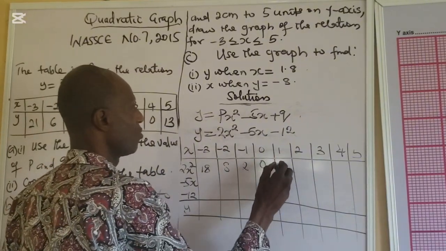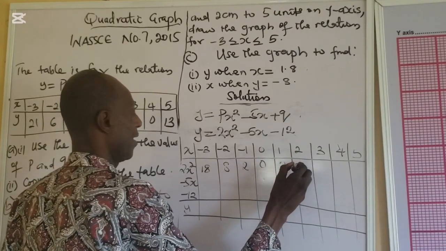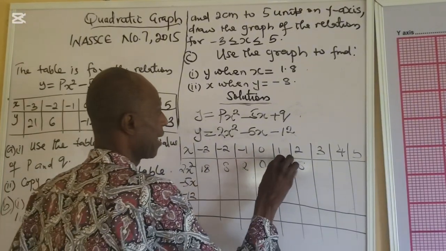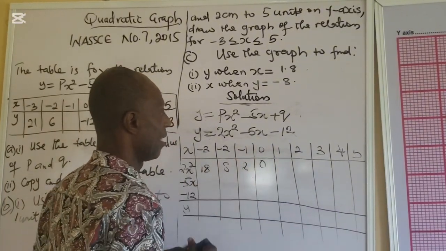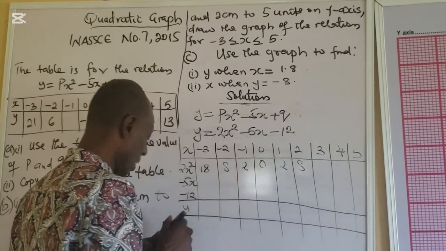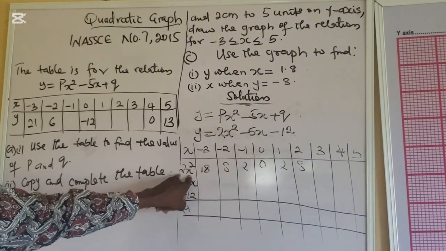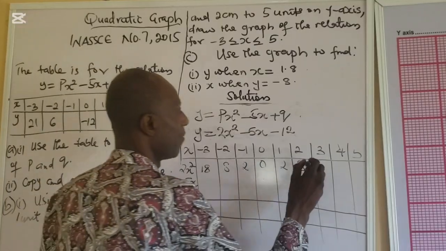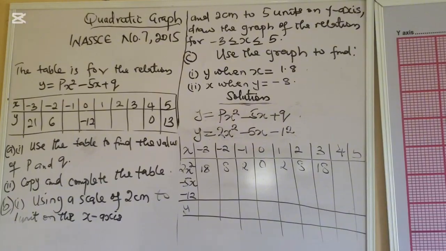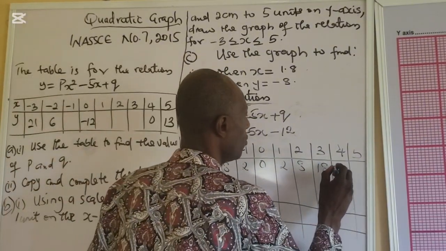Here is 1 squared times 2 is 2. 2 squared is 4, times 2 is 8. 3 squared is 9, 9 times 2 is 18. 4 squared is 16, 16 times 2 is 32.